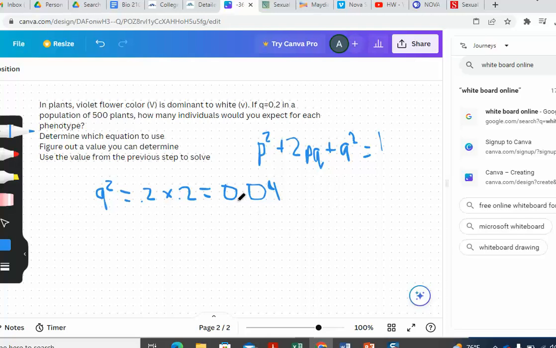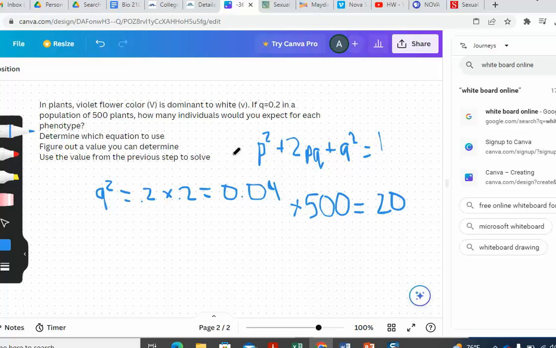So I already know the frequency of white individuals is 0.04. If I multiply that by 500, because I know there are 500 plants in this population, I'm going to get 20. So 20 individuals are going to be white.